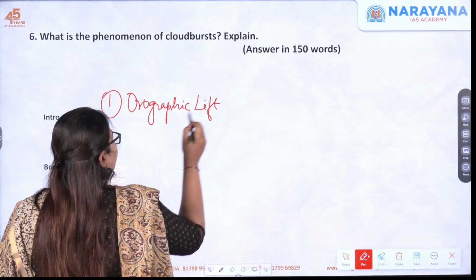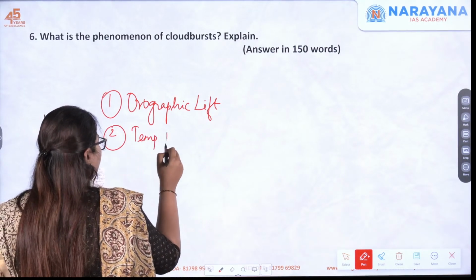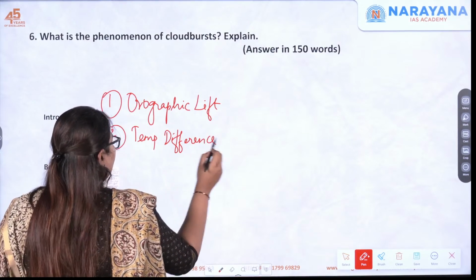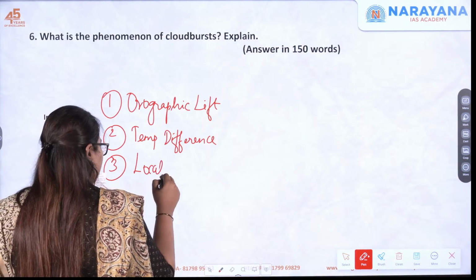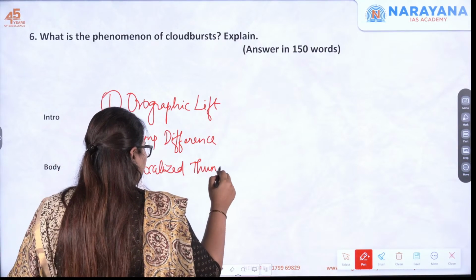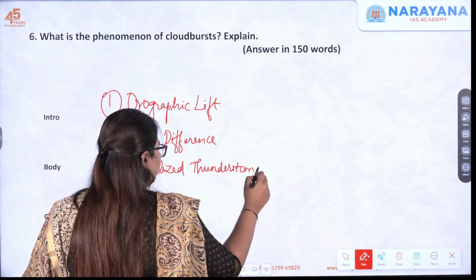The second one is temperature difference. I told you what the temperature difference is. The next one is characterized by localized thunderstorms. So what do you mean by thunderstorms?